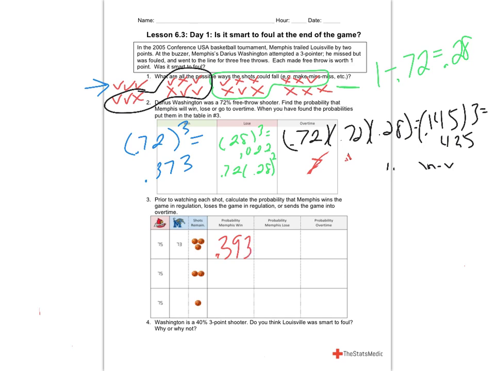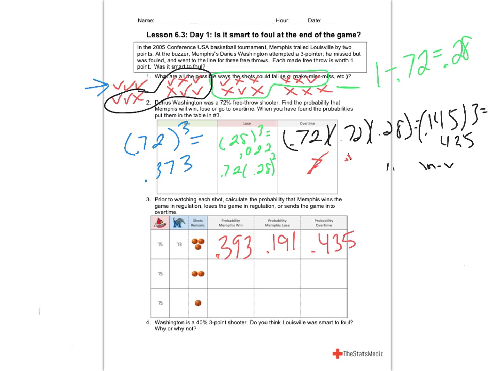The probability that Memphis will lose, we also already calculated in green above, was 0.191. The probability they will go to overtime, we also calculated, is 0.435. All of those should add to 1, so it's a good distribution. Here the first 2 columns are our score.